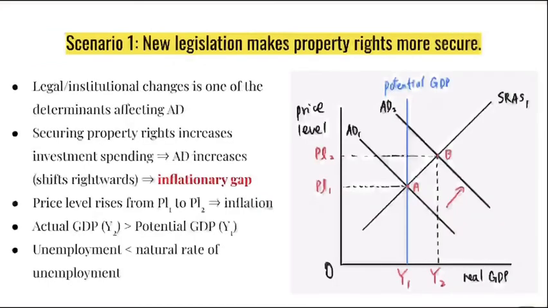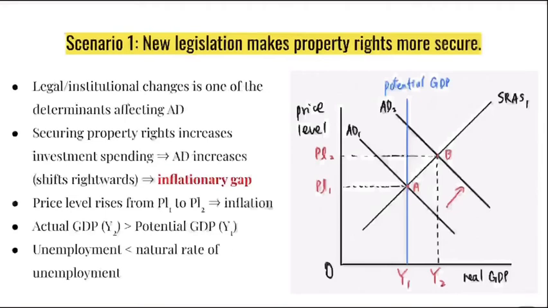Alright, so let's talk about scenario 1. Scenario 1 is that new legislation makes property rights more secure. As we know, legal institutional change is one of the determinants affecting AD. So therefore, securing property rights increases investment spending. And so AD increases, which shifts the AD curve rightwards from AD1 to AD2, leading to an inflationary gap.